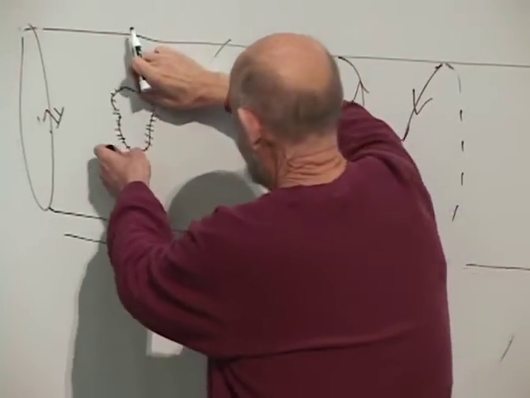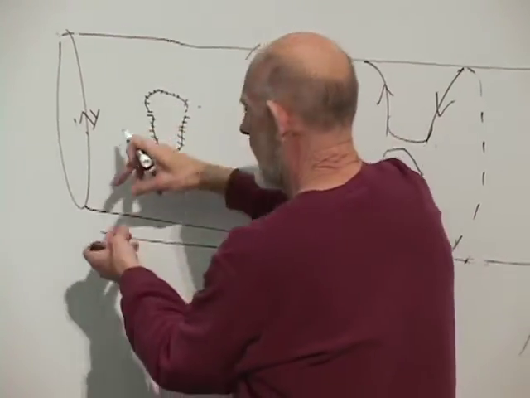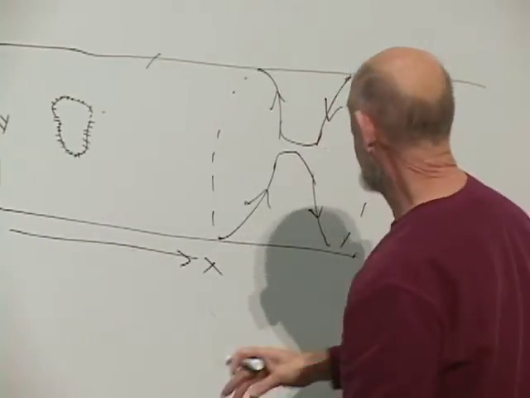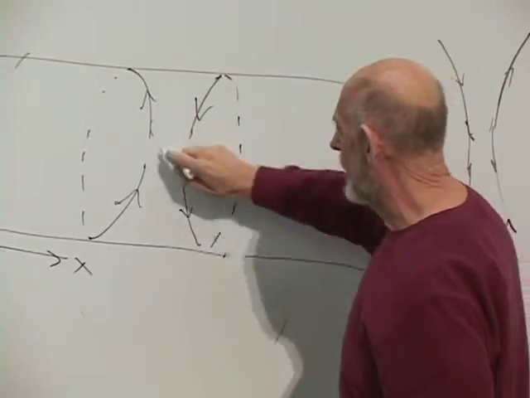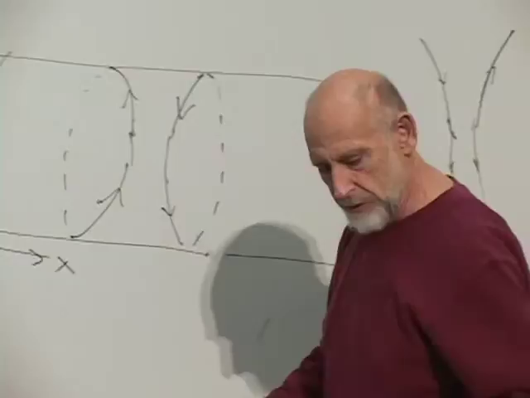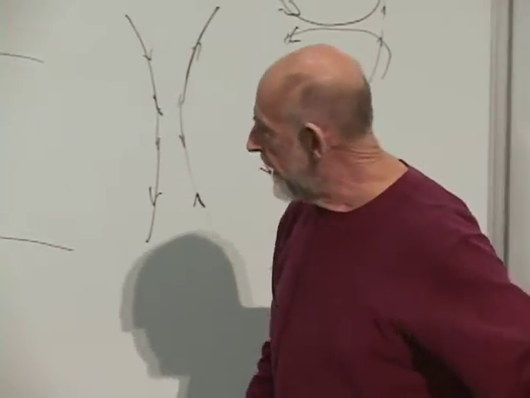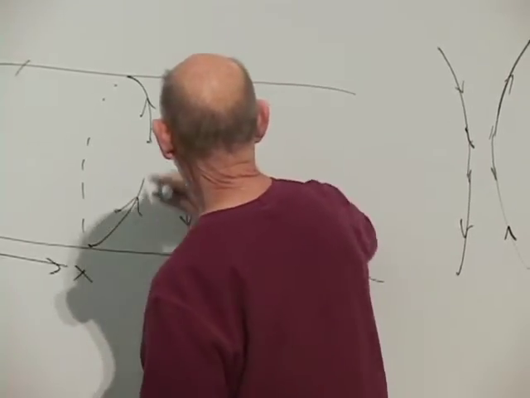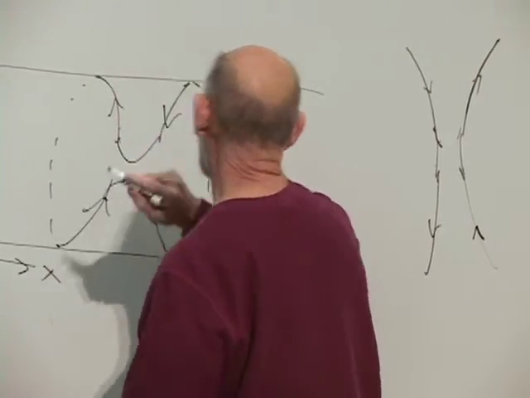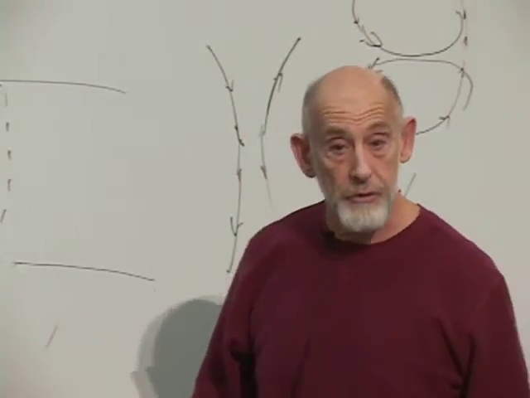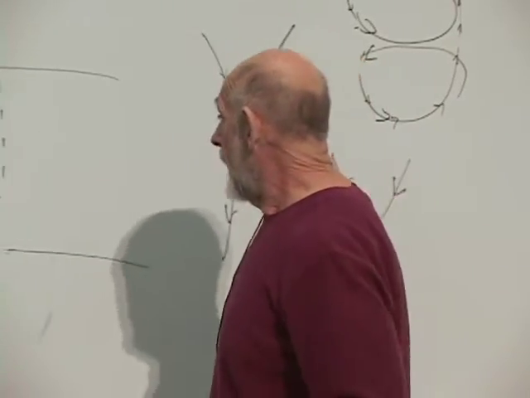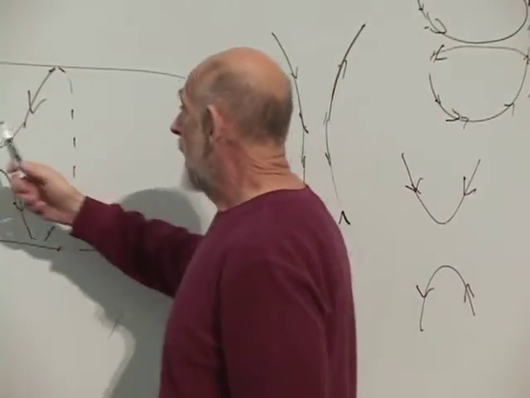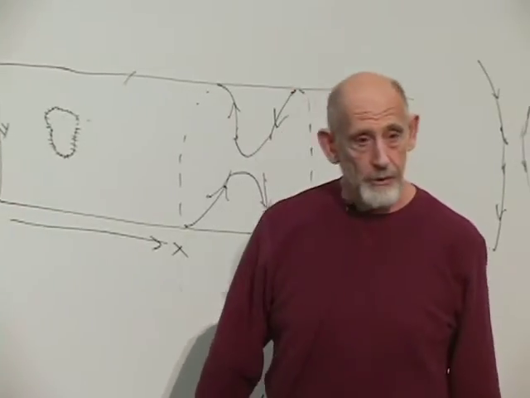All we've done here is we've taken this, we've stretched it around, and then joined it on the far side to form the original wound pair. Well, we can undo that, and now it's unwound. It's just a single unwound string.